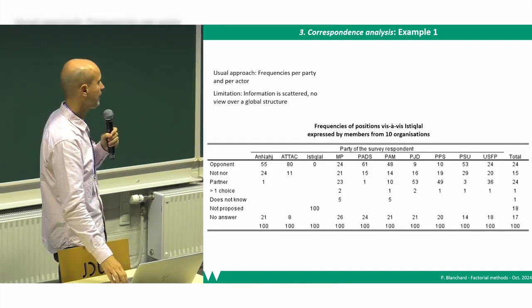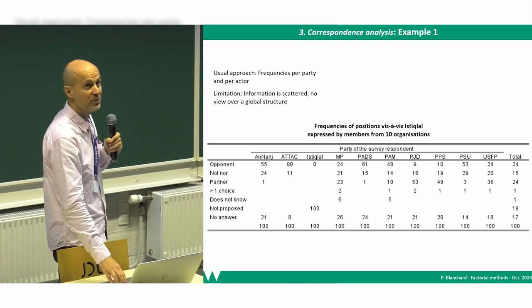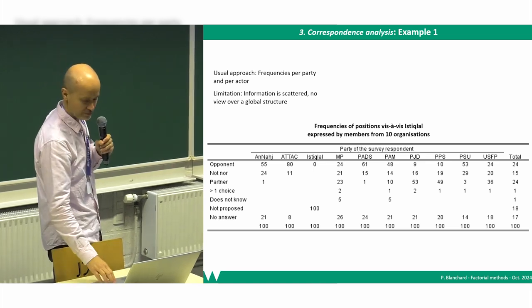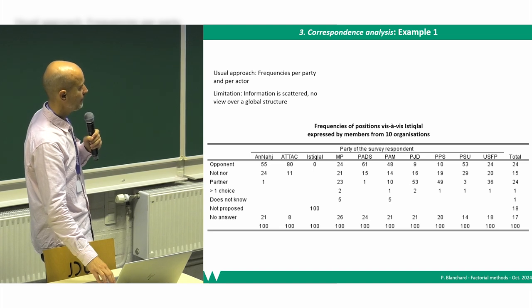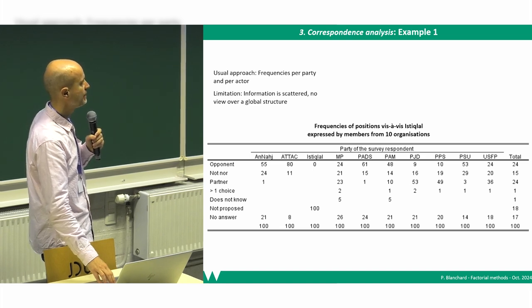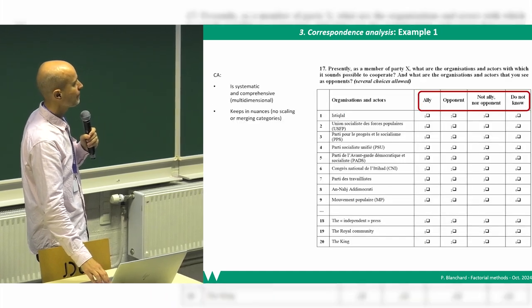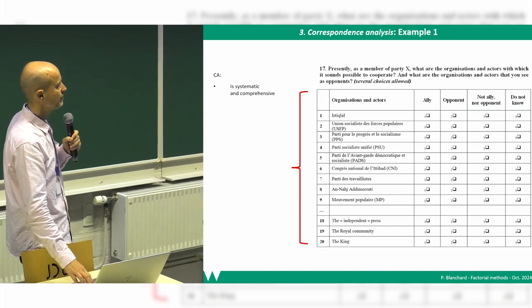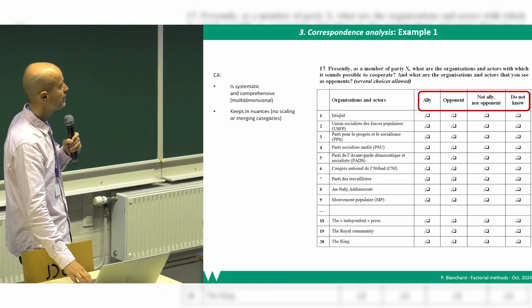So here we have simple frequencies which don't tell you much because they are not multidimensional, right? But they give you a sense of the volumes and already how spread the views are on each of those organizations. And correspondence analysis is both systematic and comprehensive in the sense that it's going to treat the data for all those variables together.